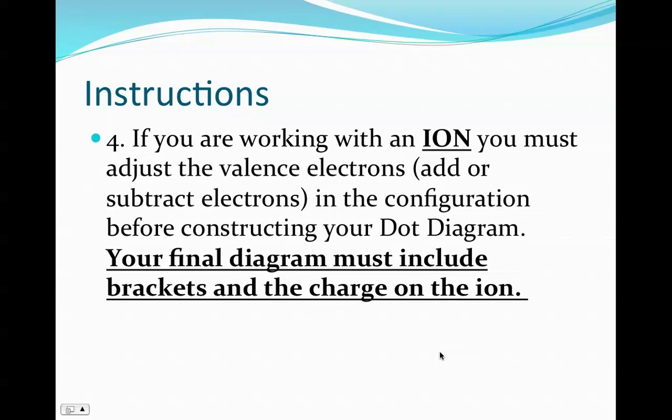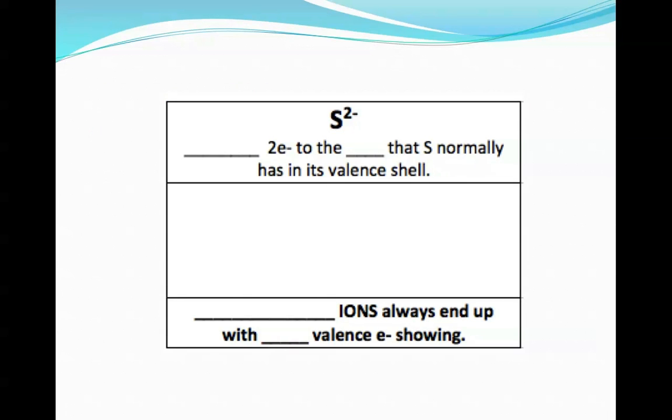Now, if you're working with an ion, you have to adjust the valence electrons because, again, it's either gained or lost electrons. Now, I'm going to show you 2 examples of this. The big thing is that your final diagram has to include brackets around the symbol and potential dots, and also place the charge of the ion outside of the brackets. So for sulfur, we've added 2 electrons to the 6 electrons that normally sulfur has in its valence shell.